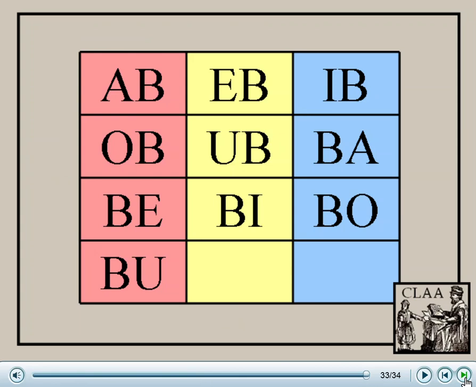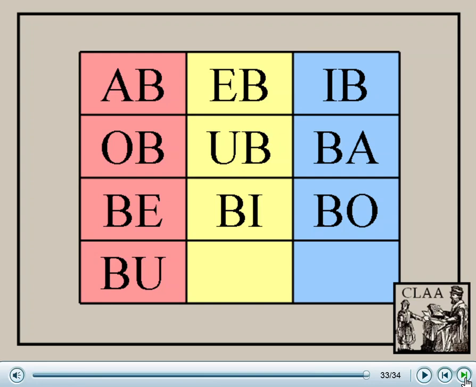Plus, you should know how to spell all of these syllables. Ab is spelled a-be. Abe is spelled A-B. Ebe is spelled E-B. Ob is spelled O-B. Oob is spelled Oo-B.